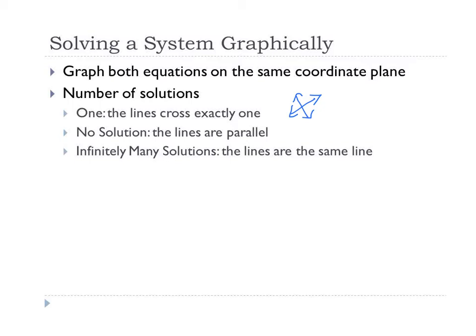We can have no solution, and that would be if the two lines are parallel. Since the solution is the ordered pair they share, parallel lines would not share any ordered pairs. Or you can have infinitely many solutions, and that's if they are the same line. When you graph them, they would be the same line, they would share every point, and thus we say it has infinitely many solutions.